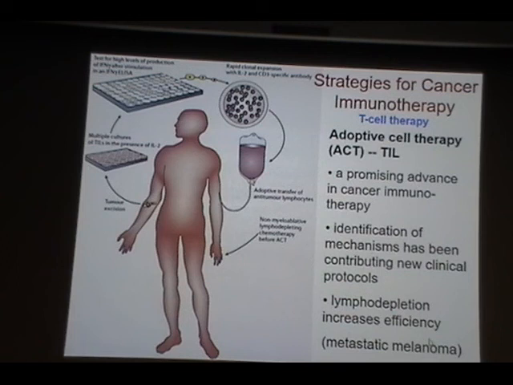It has been used for metastatic melanoma patients, and it has been shown to be very successful. I'm talking about a response rate of somewhere around 25 to 40%. Not very high, but for this group of patients, that's very useful.